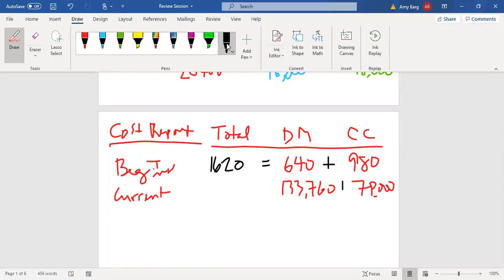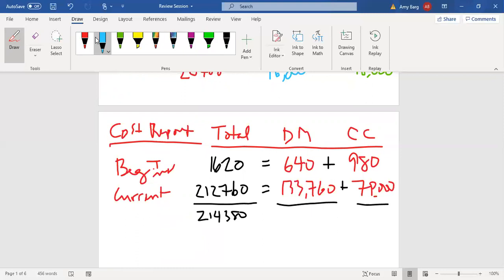If we add those, we get 212,760. We can add those two things up just for fun. We get 214,380. If we add these things up for direct materials, we get 134,400.